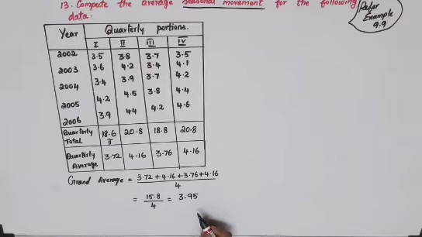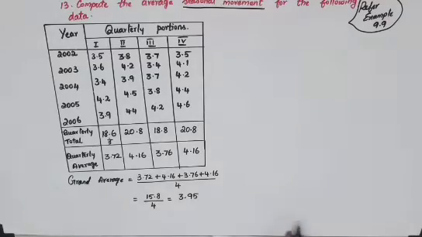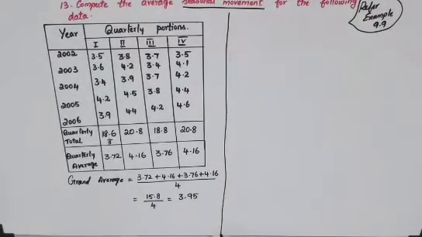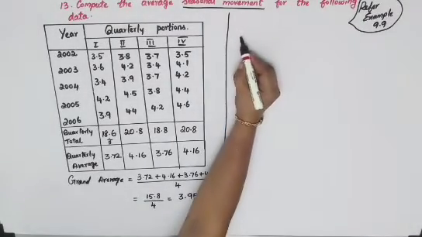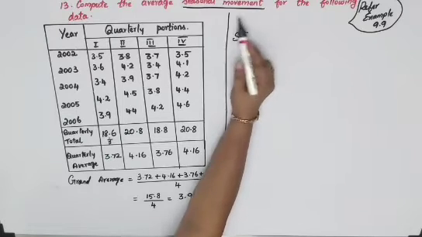Now we will have to find, for each quarter, 4 quarters are there, your seasonal index. So your seasonal index formula is, seasonal index SI I'll just write, otherwise seasonal movement.